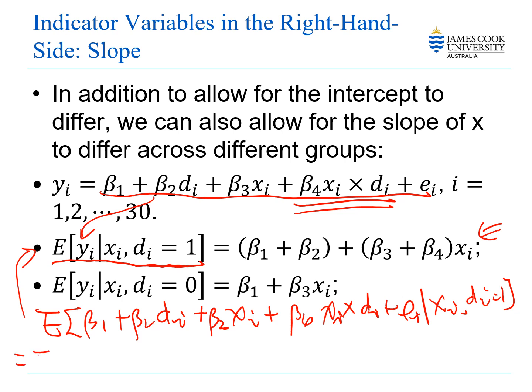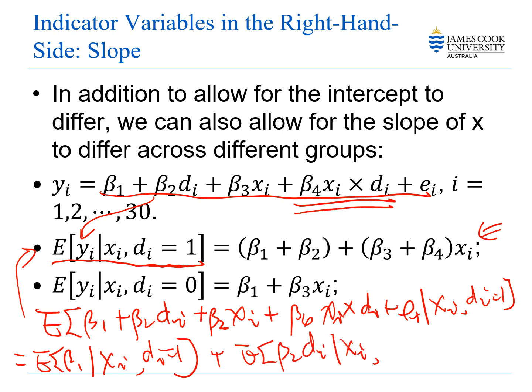This is equal to E of beta 1 conditional on xi, di equal to 1, plus E of beta 2 di conditional on xi, di equal to 1, and so on and so forth. And beta 1 is a constant, not a random variable, so taking expectation will be the same, so it is equal to beta 1.